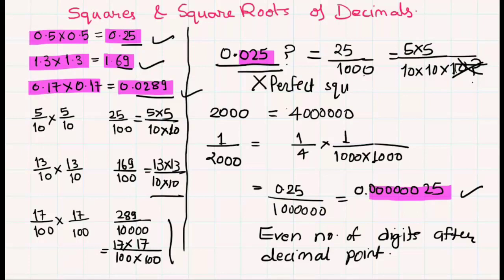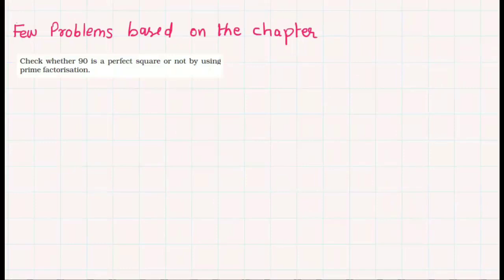Perfect square nahi hai in that case. Okay, so you apply the same rules by prime factorization and long division as you would have used in normal division and normal prime factorization. Only you have to consider decimal numbers. Now let's solve a few problems here.